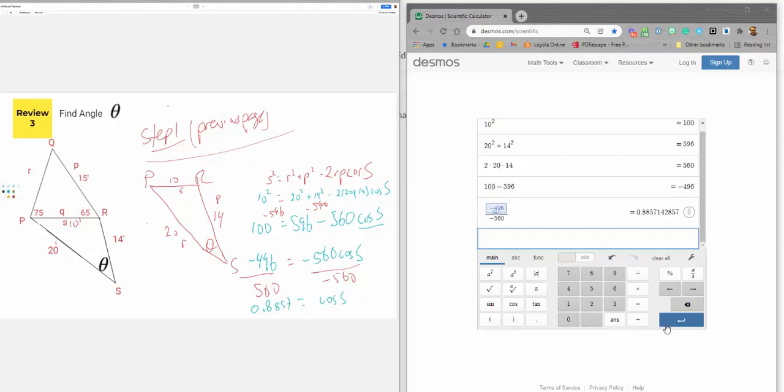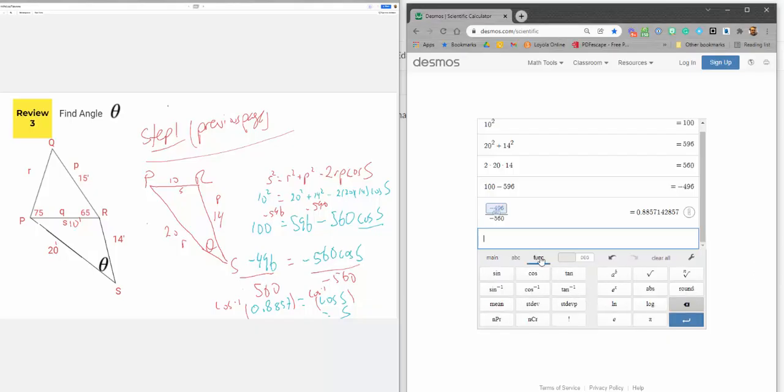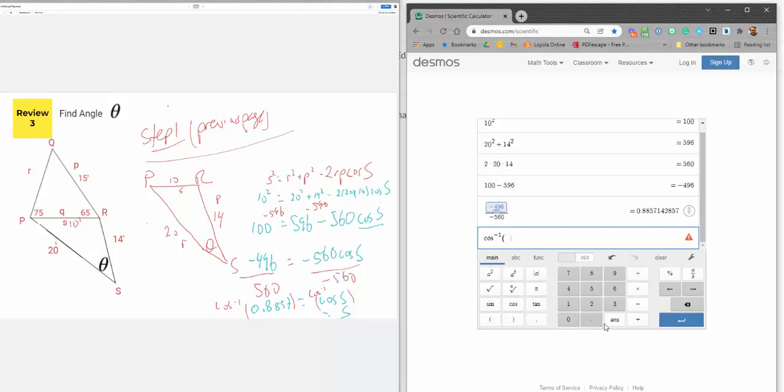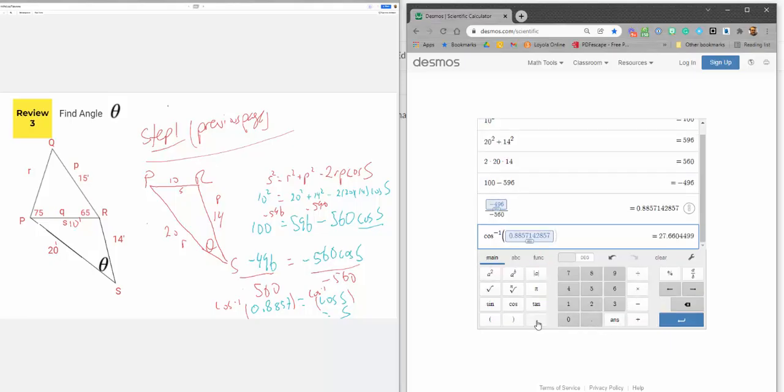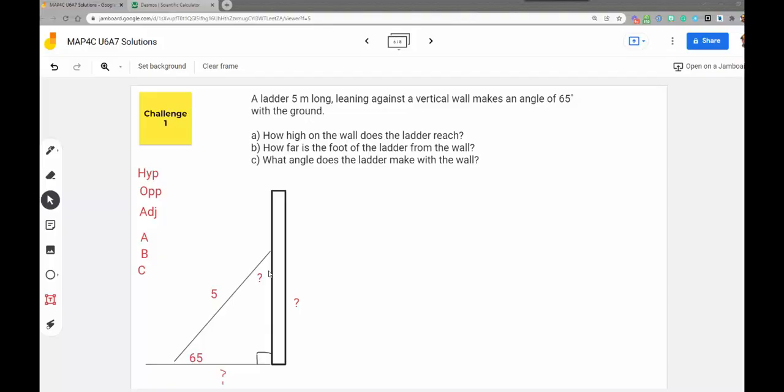And if I want s on its own, I'm going to inverse cos both sides. And I'm just left with, okay, so we do inverse cos, so function inverse cos of that answer is the easiest way to do it rather than trying to type in part of it, is 27.7 degrees. 27.7 degrees.